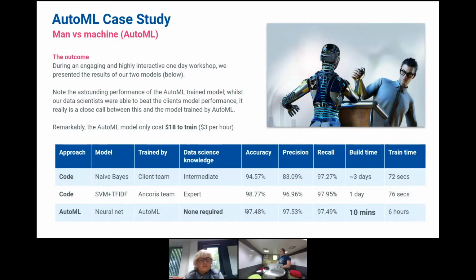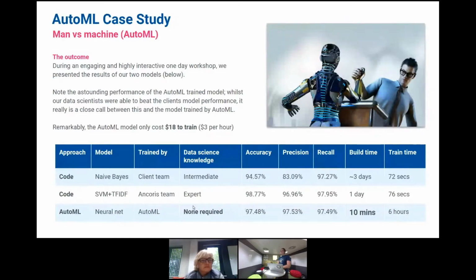And then if you look at the results, they're pretty good. They're not as good as Tom in this case, which is good news for Tom, but they are very good. And they were better than the client. The client team had used a naive Bayes model, their data science team, and it beat that, right? And they knew what they were doing. They were a good data science team.